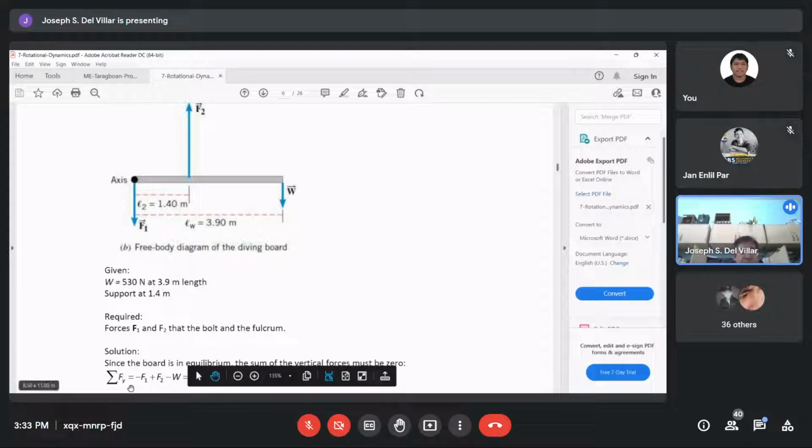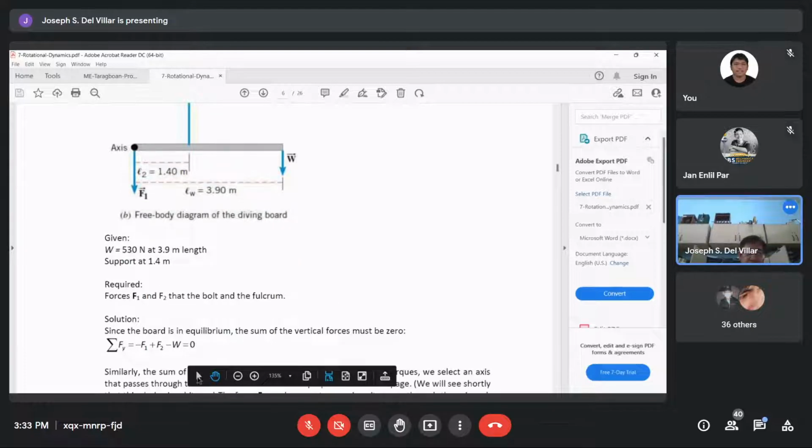So the summation of all the vertical forces is equal to, starting with F1, negative F1 because it is vertically down, plus F2 because it is vertically up, so positive, minus W because it is downward, equal to 0. So this is equation number 1.